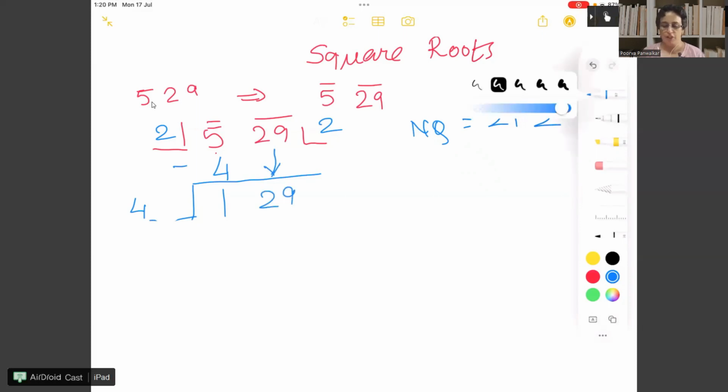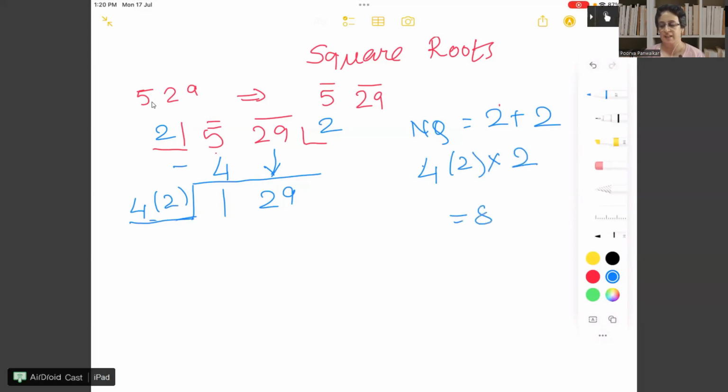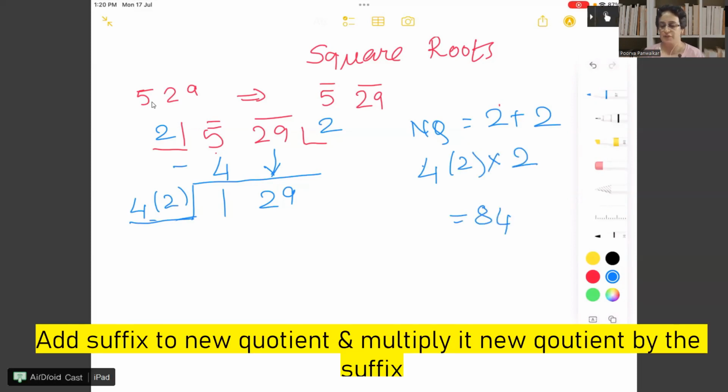The next important point to remember is that whatever number I write as the suffix here, for example if I write the suffix 2, I multiply 42 by the suffix only, which gives 84. So let me try with a higher suffix, for example 3.